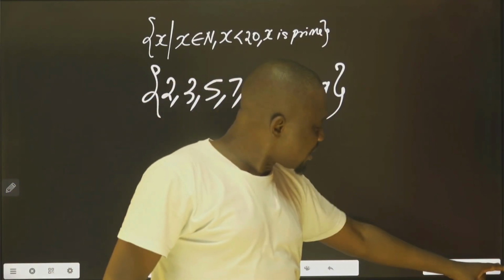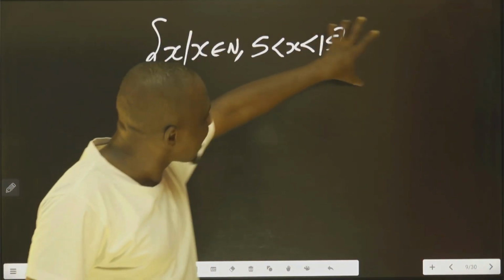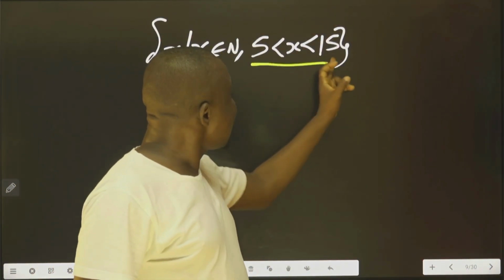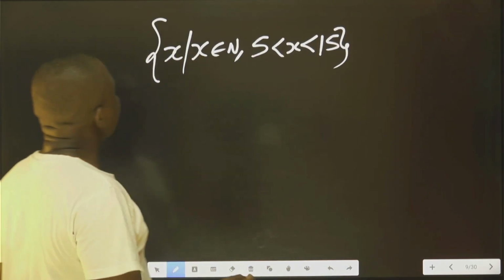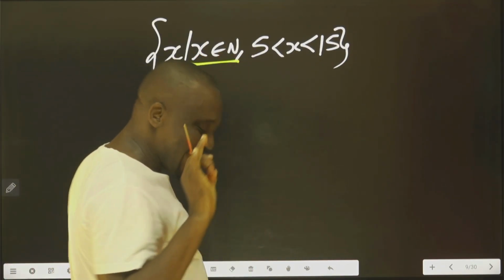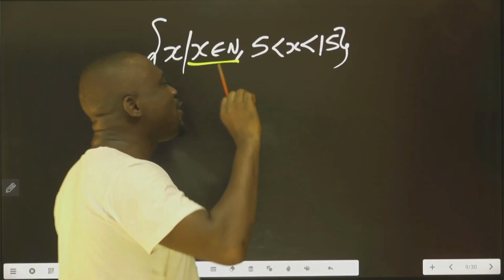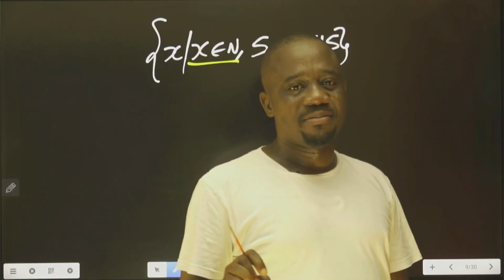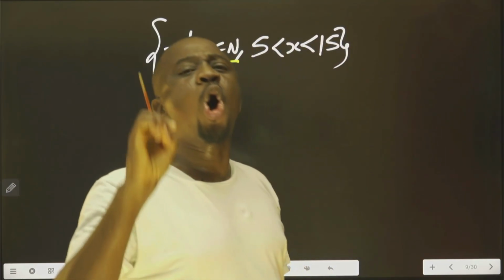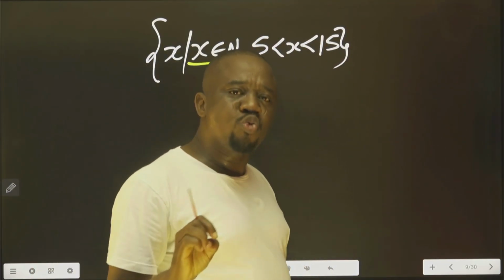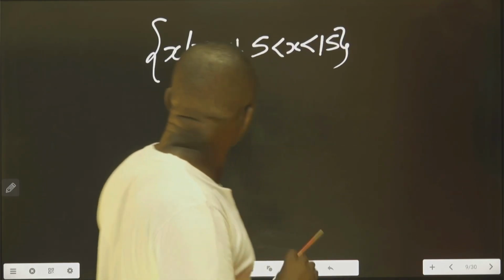Let's look at the next one. As you can see here, see the way we are describing this. We are using inequality. What are we saying? S is a natural number. What is S again? S is between 5 and 15. All the natural numbers between 5 and 15 should be considered.